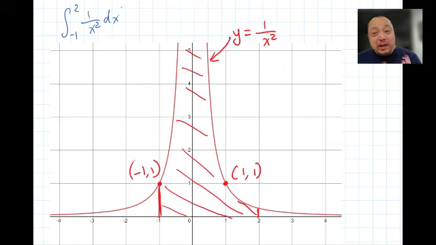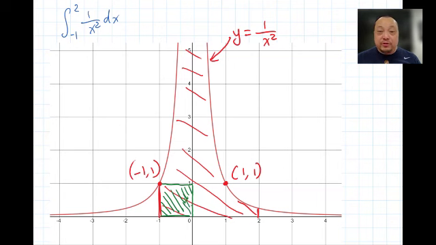Well, that cannot be -3/2. First of all, because that area is completely above the x-axis, so the area under the curve will be a positive number. It cannot be a negative number. So, wrong sign. And second of all, it's also the wrong value. Because this area right here, this little square, by itself is already equal to 1.